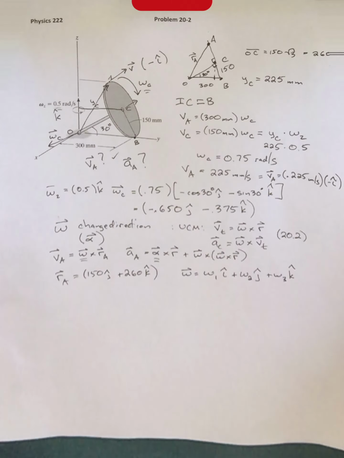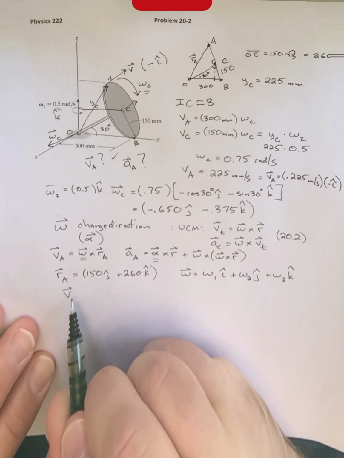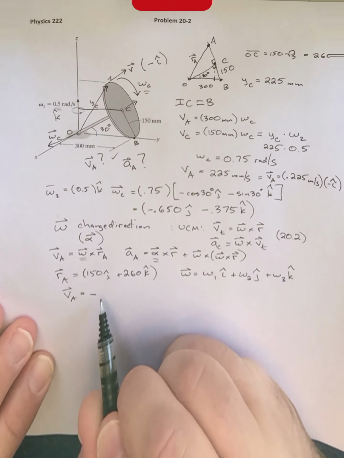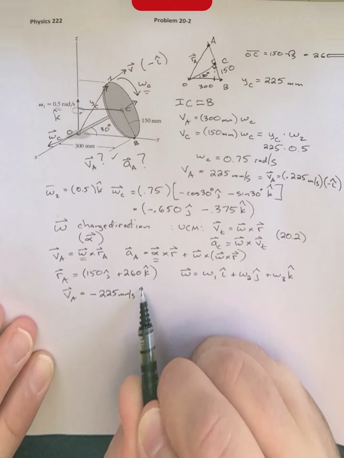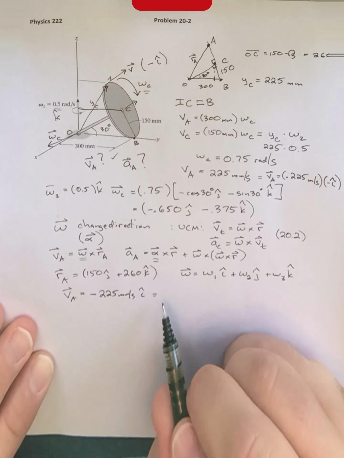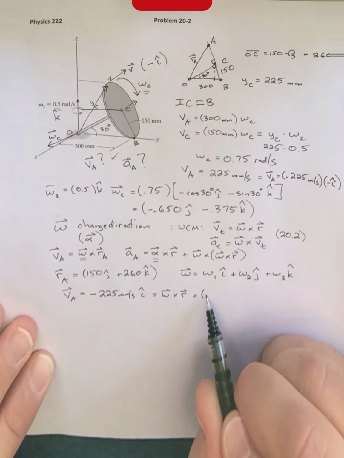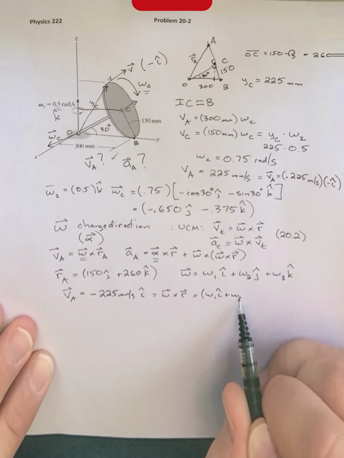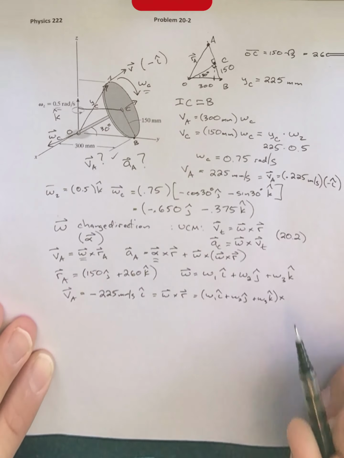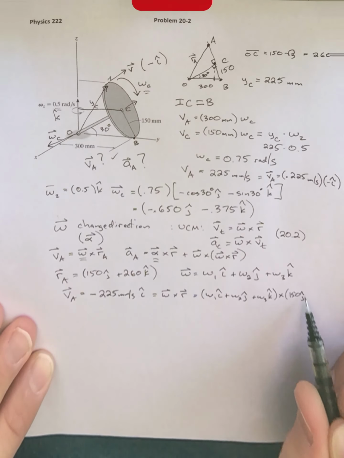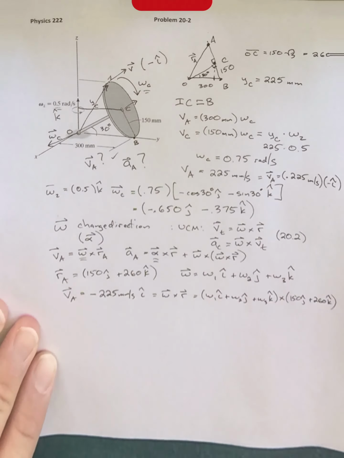It could have three components. However, I do know that this relationship should hold. Our v sub a, which we know as negative 225 millimeters per second i hat, should be equal to omega cross r, or this big vector, omega 1 i hat plus omega 2 j hat plus omega 3 k hat, crossed with 150 j hat plus 260 k hat.